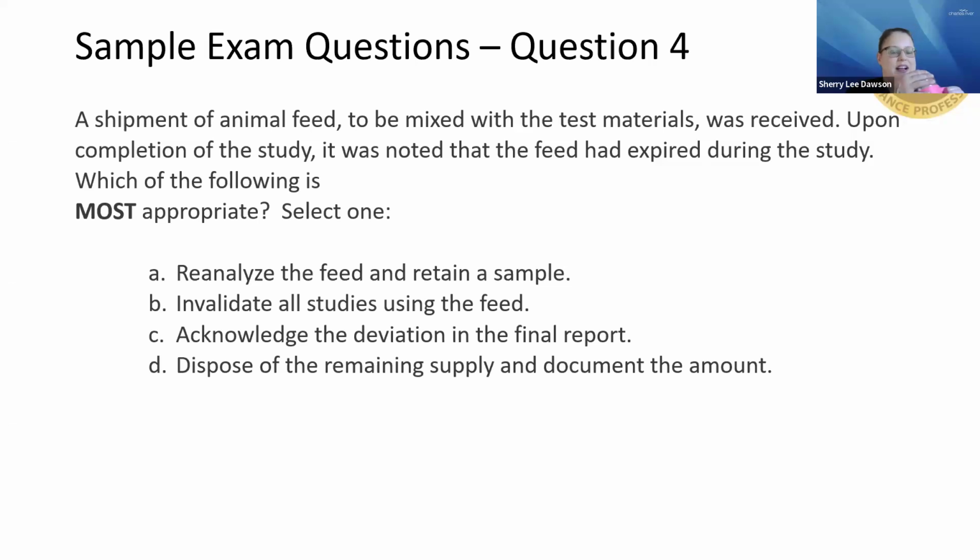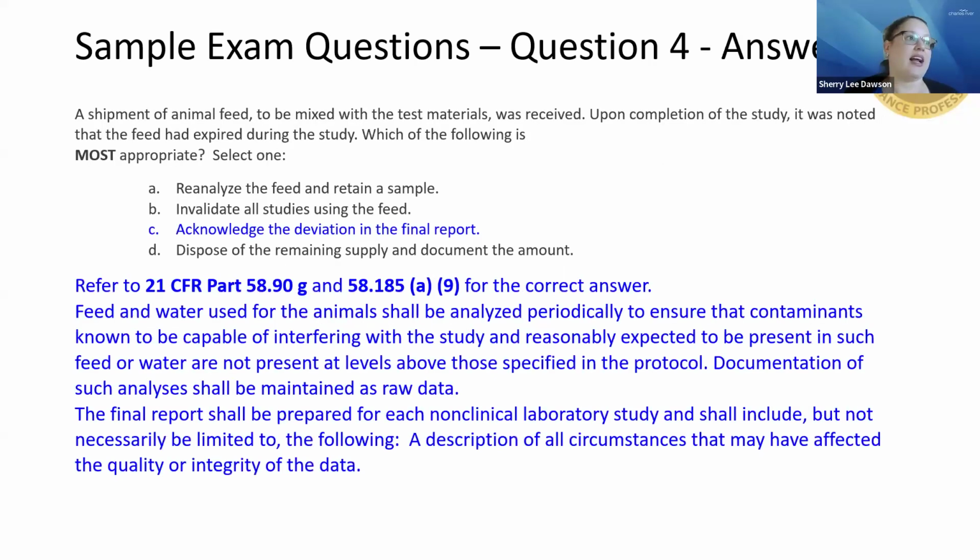All right. It doesn't matter that we have the same question more than once. At least it's easier to remember. So yes, C. 21 CFR Part 58.90(g) and 58.185(a)(9) for the correct answer.